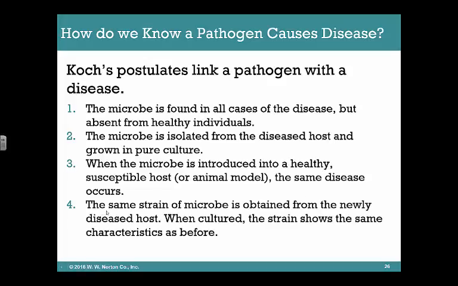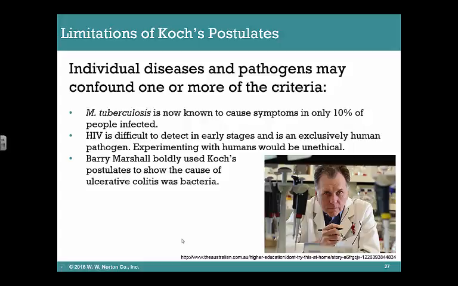And then finally, you had to, once again, isolate that same microbe from the test animal or test host. So these 4 steps are important criteria that have enabled us to identify the cause of many, many infectious diseases.